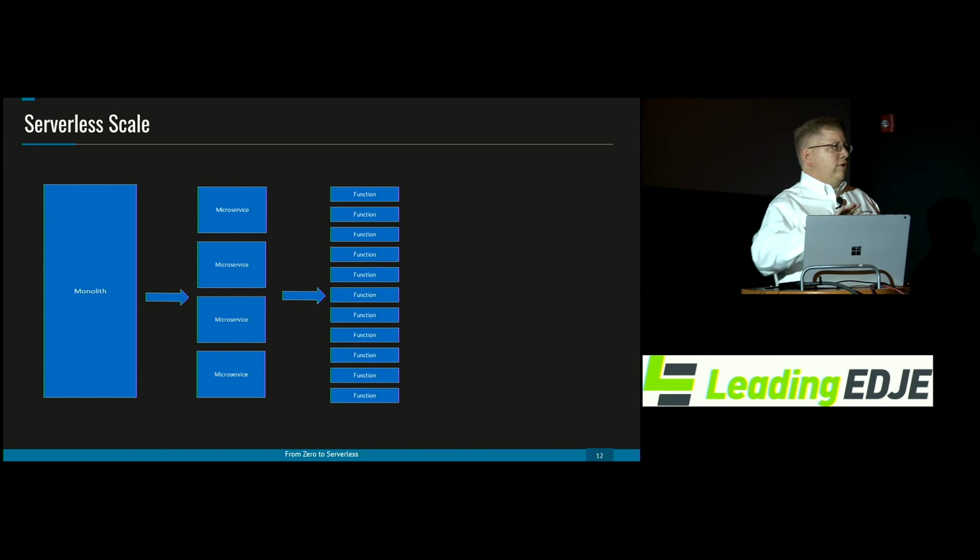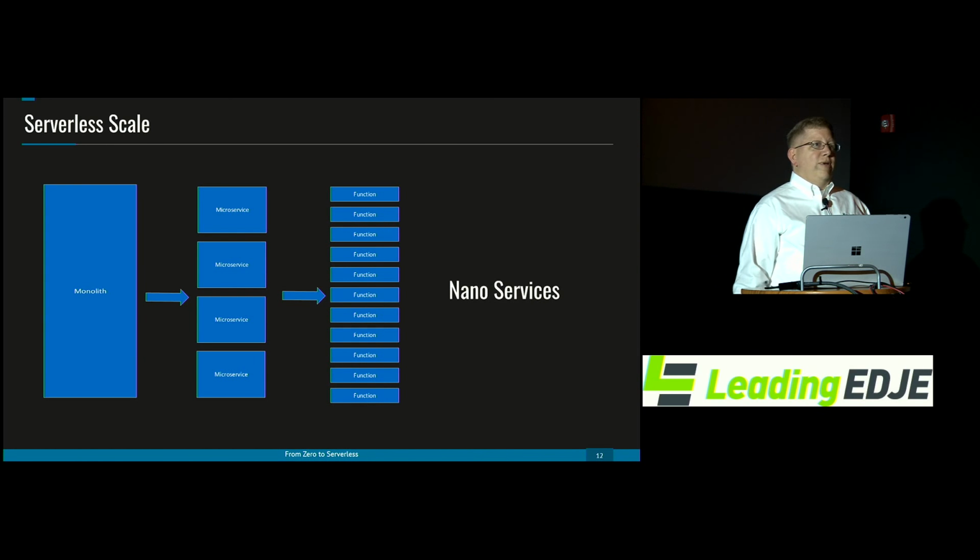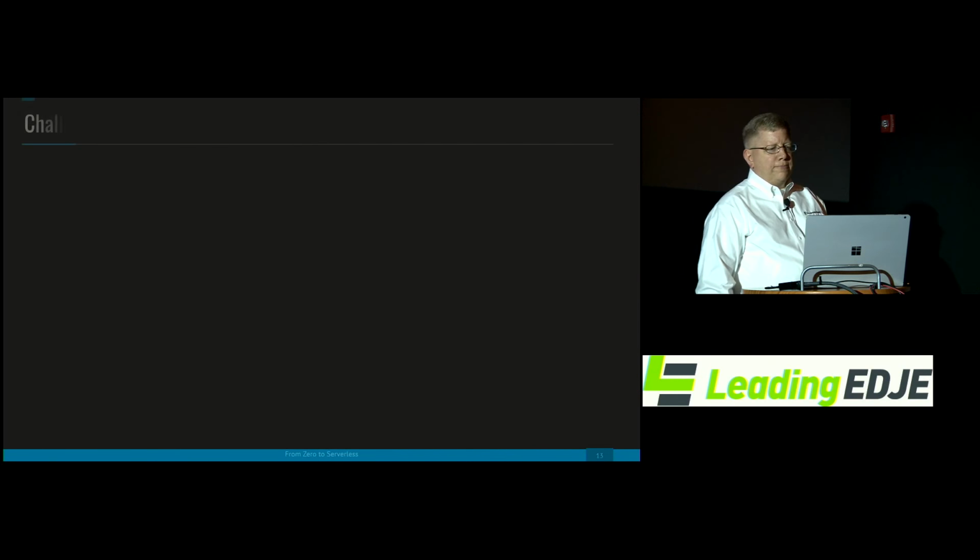Now, you'll notice you're not having to set up different services, right? They're just individual objects within there. But those functions, they run as themselves. And that's why, I've seen this term recently, and I really like it, this is really nano services. Because again, it's that individual function that you're handling.